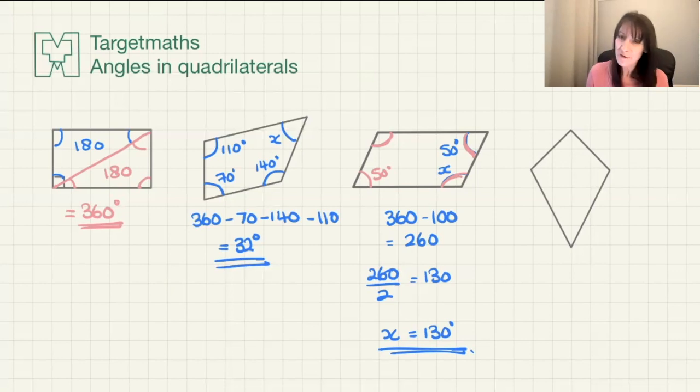I'm not going to do a full-on example. I'm just going to tell you what you need to watch out for. And that is that these angles here are equal. So that's another important fact about a kite. It's a property that I need to know if I'm going to solve any questions that involve kites.